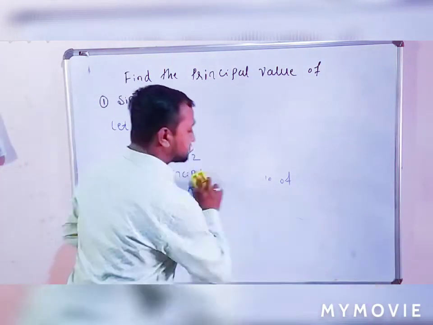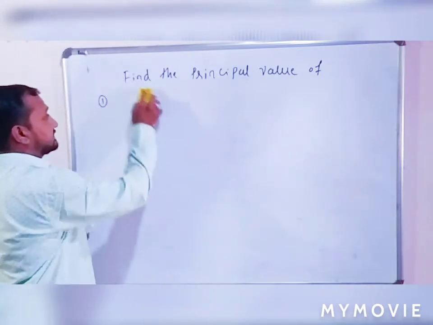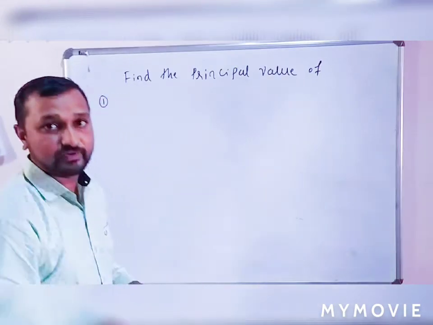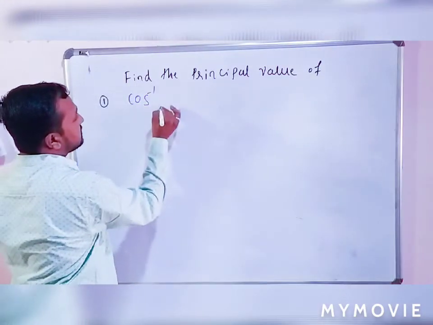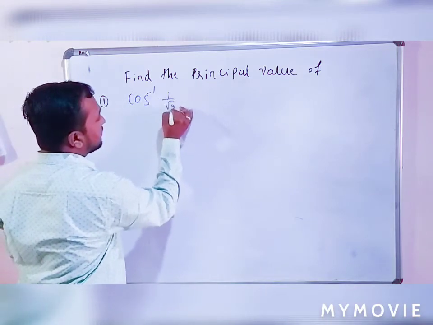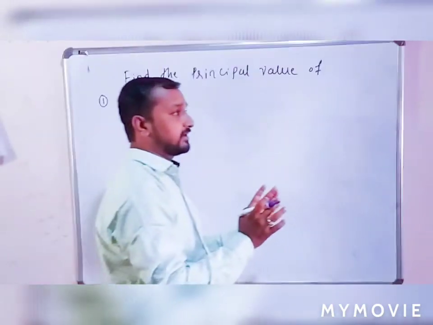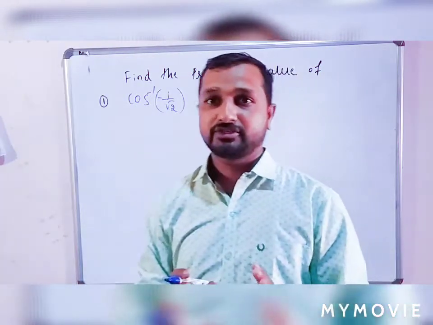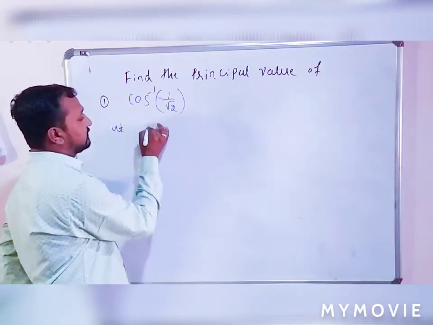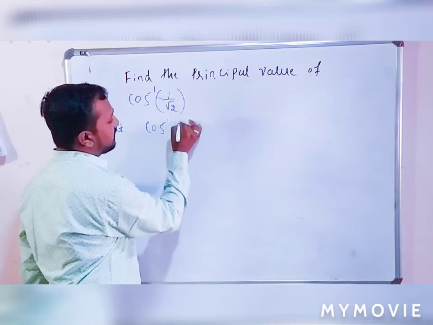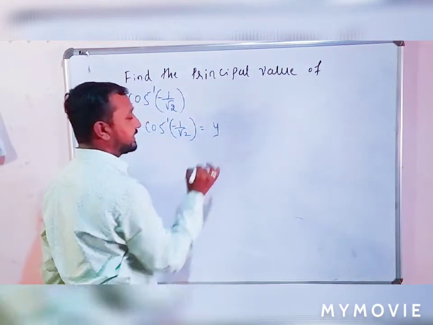Note this example. Next, I can take another example, an inverse trigonometric function with a negative angle. Cos inverse of minus 1 divided by root 2. First we will concentrate on the principal value branch. Is that clear? So students, let us consider cos inverse of minus 1 divided by root 2 is equal to y.